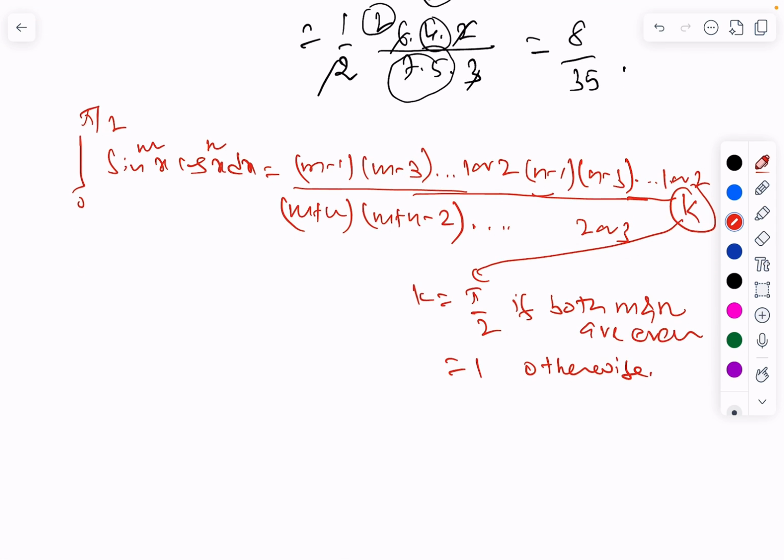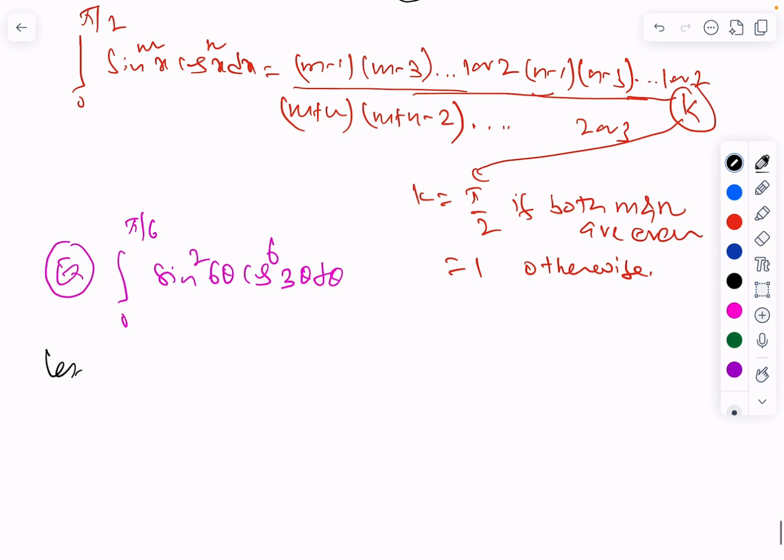So let us have one example in this. Evaluate integration 0 to pi by 6 sine power 2 6 theta cosine power 6 3 theta d theta. So let I equal to 0 to pi by 6 sine power 2 6 theta cosine power 6 3 theta d theta.